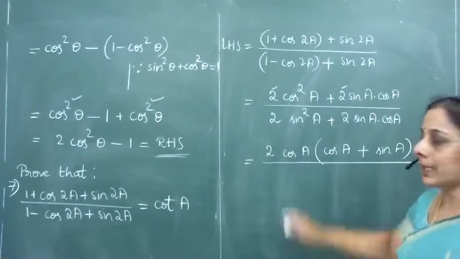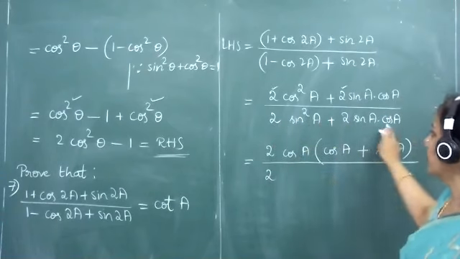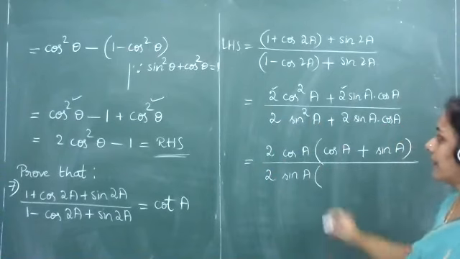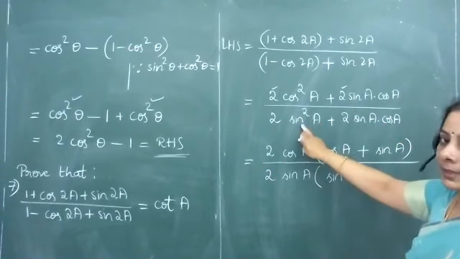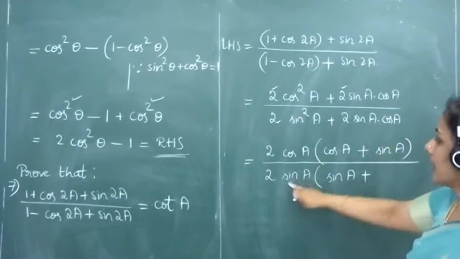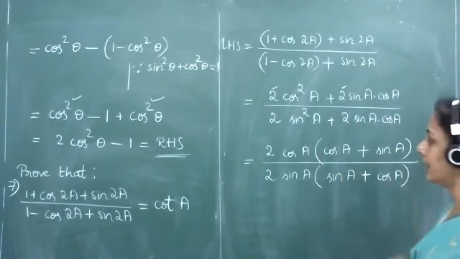Similarly, in the denominator, we have 2 as a common factor. Further, sin a also comes as a common factor. Now again we have sin a remaining with the first term. We have a plus sign in between. 2 sin a has been taken out, so cos a remains with the second term.